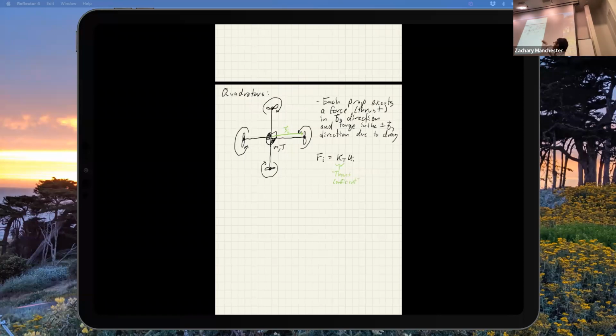And this is times your input, assuming that's some motor current or whatever command. This is typically how it works out to first order. And then your torque is going to be, this is called the moment coefficient, times, again, your u_i.